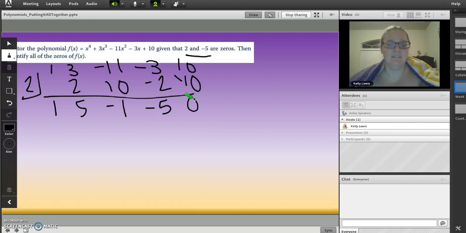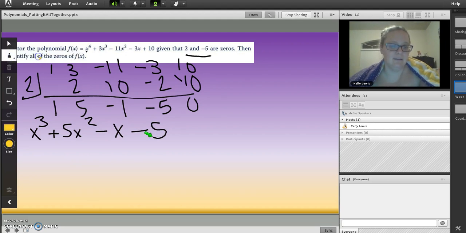And so now instead of having x to the fourth, this is x cubed plus 5x squared minus x minus 5. And so I'm going to take this guy and do it with the negative 5.